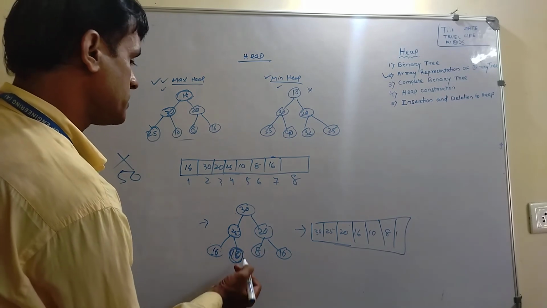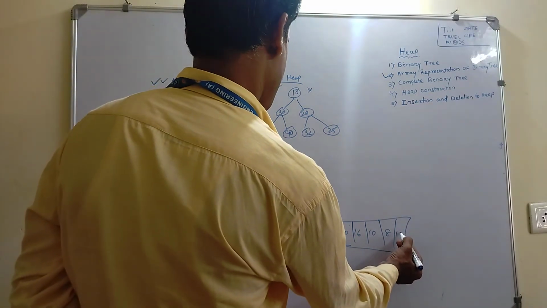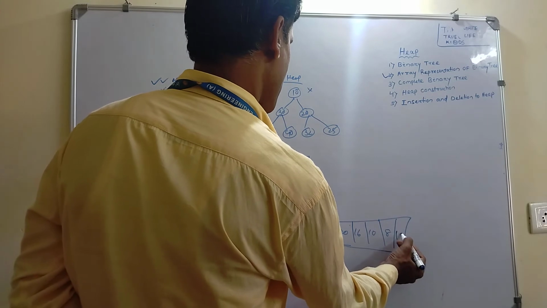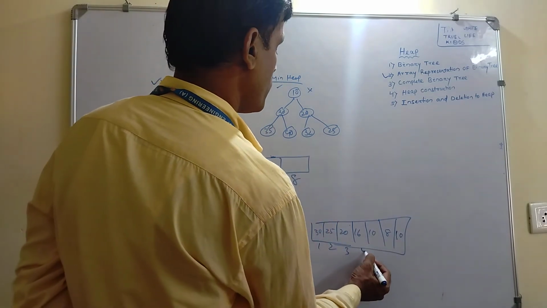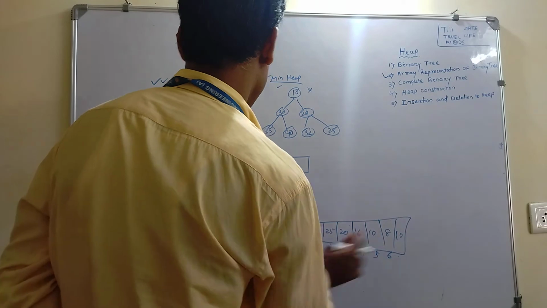I think some value is missing there, you can correct it. And this will be null. So the 1, 2, 3, 4, 5, 6 and 7th positions will be filled, and the last one will be null.